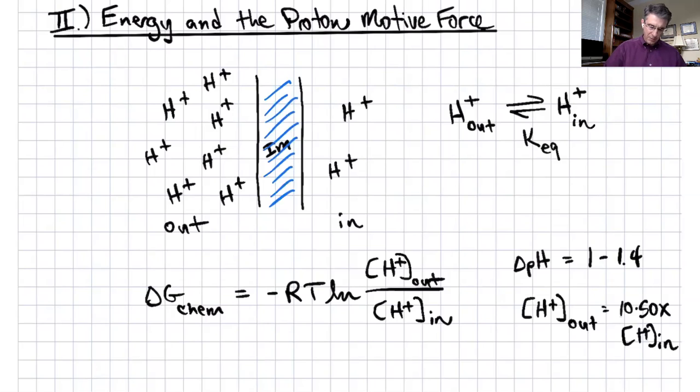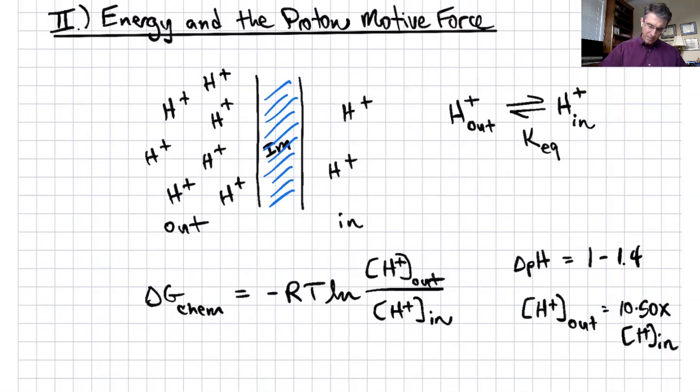So there's more positive charge over here on the outside than there is over here. Okay, so this separation of protons across the inner mitochondrial membrane has a charge component, an electrostatic component, right? So the question is, how substantial is it and how much does it contribute to the overall free energy we have to work with in terms of synthesizing ATP?